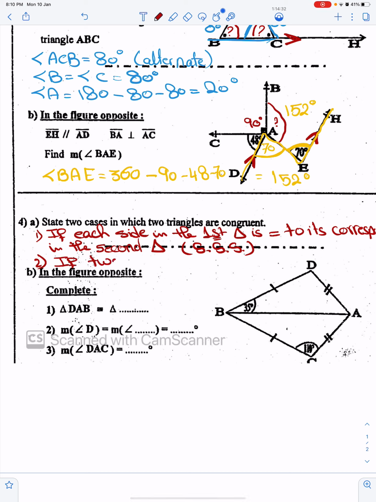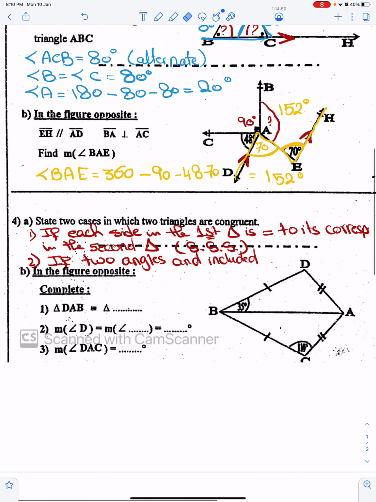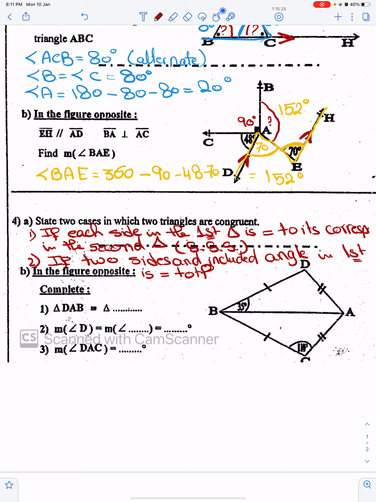Or case number 2: if two sides and the included angle in the first triangle are equal to the corresponding ones in the second.